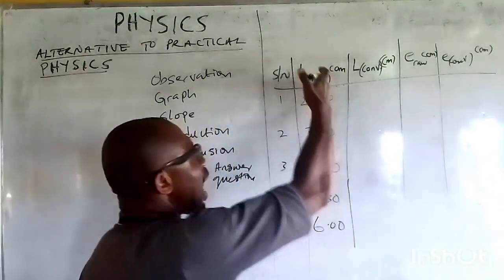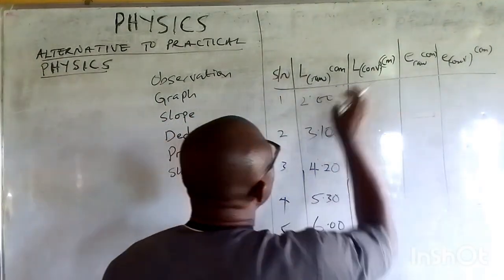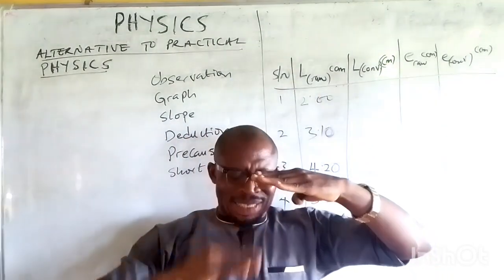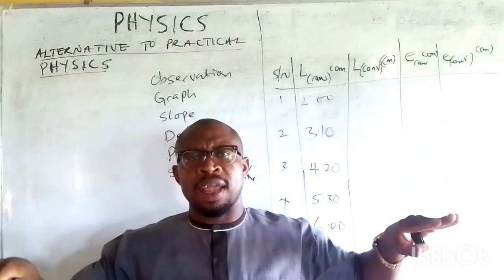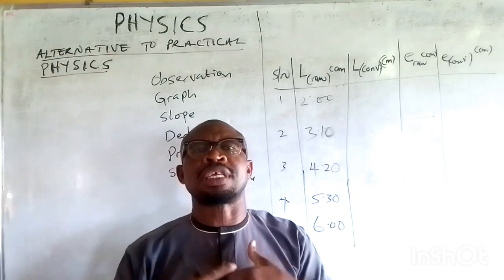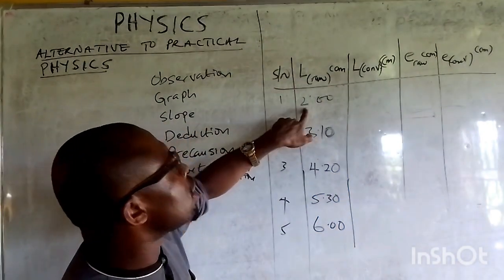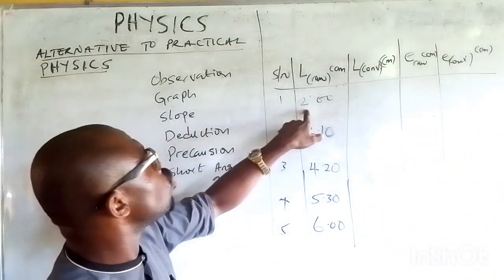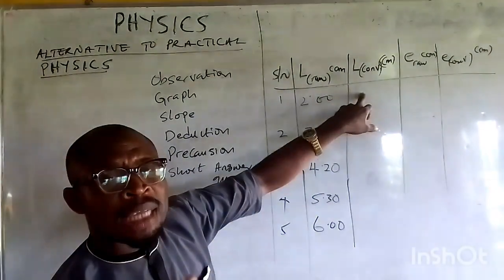So with this now, I have my values clearly written. Now, for the converted value, if you have your question, all you need to do is check under it, a certain scale is given there. If that scale says, let 1 centimeter represent 5 Newton, assuming this one is 2, and you have recorded 2 centimeter here, all you need to do is to multiply by 5.